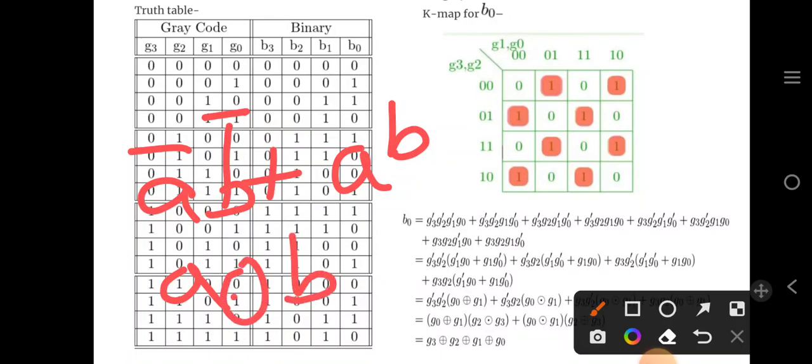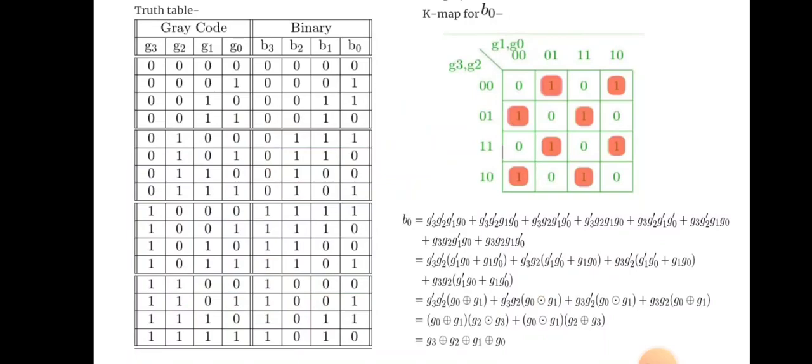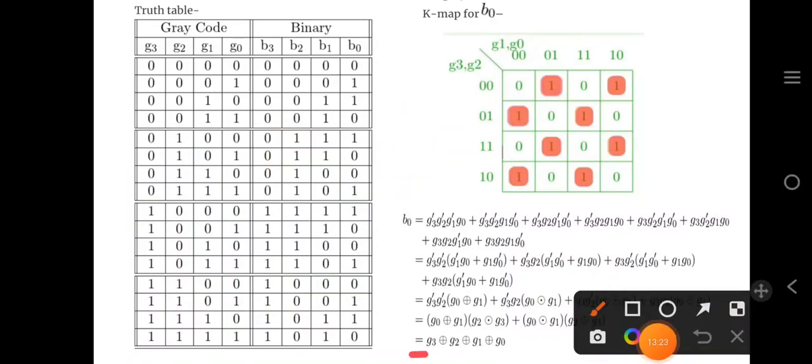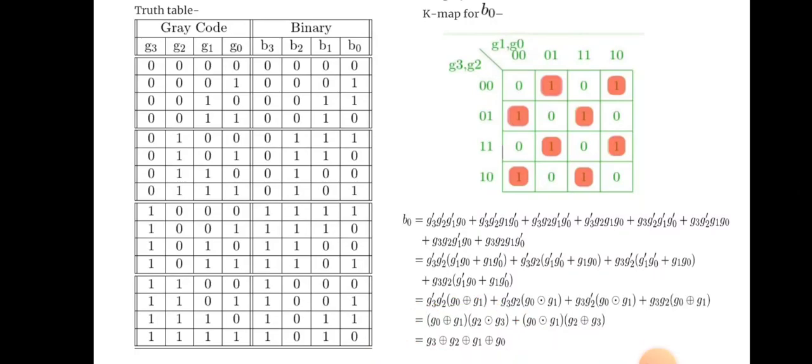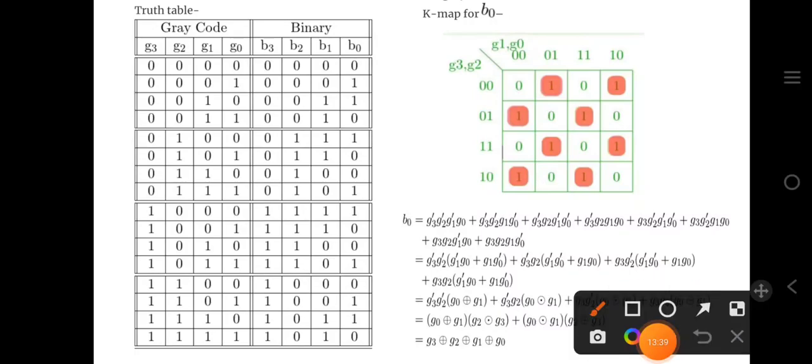So using this as a reference, you can write this equation as G1 XNOR G2, G0 XNOR G1. Using these minimization techniques, you can reduce the equation, and finally you will get the final equation as G3 XOR G2 XOR G1 XOR G0, meaning 3 XOR gates are used for these 4 input variables. So this is the equation for B0 we have derived from the K-map of B0.